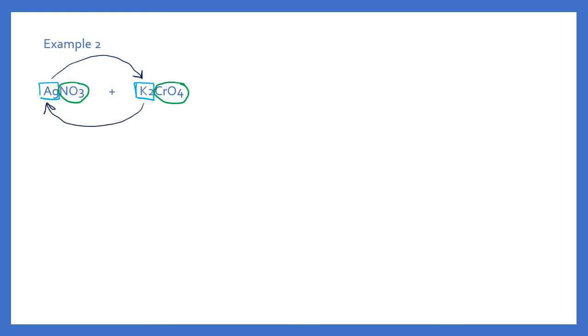K is going to hang out where the Ag is. And the NO3 and the CrO4 will hang out where they are. So the Ag is going to swing in and hang out with the CrO4, and the potassium is going to swing out and hang out with the nitrate. Good. And now we get to determine charges.